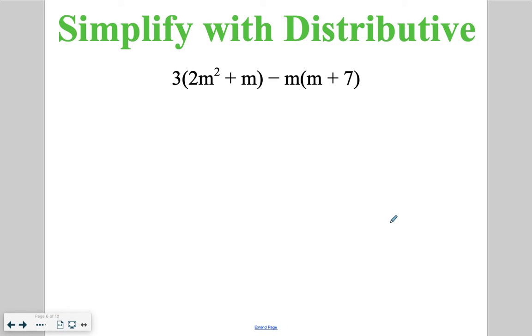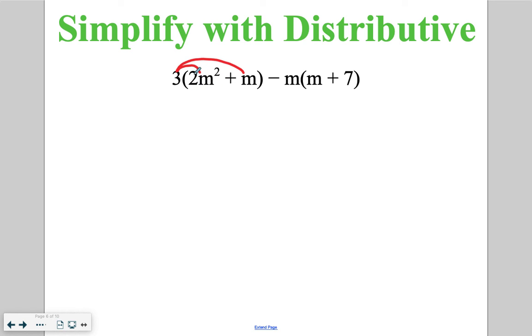We can also use the distributive property to help us simplify when there's variables. One of the most important things we want to be able to simplify throughout this whole class is to be able to get rid of parentheses so that we can actually solve. So the distributive property allows us to distribute this outside number to get rid of the parentheses.